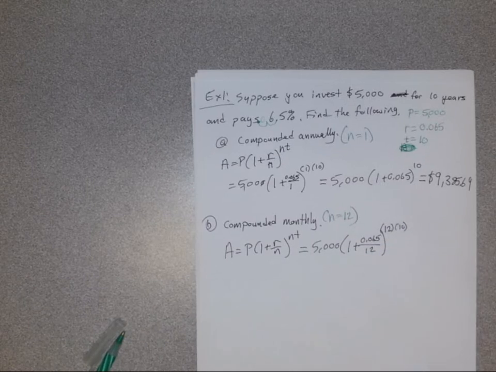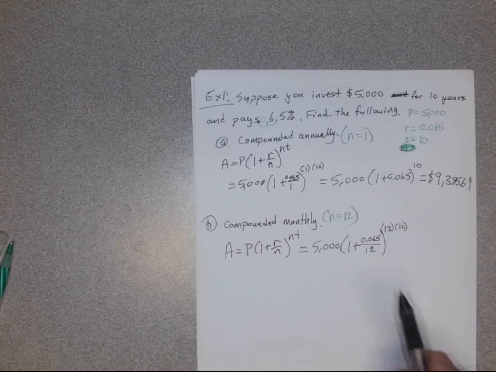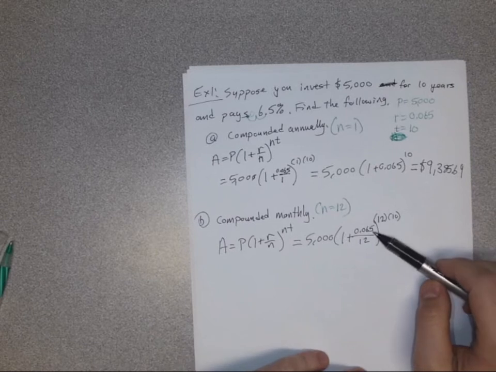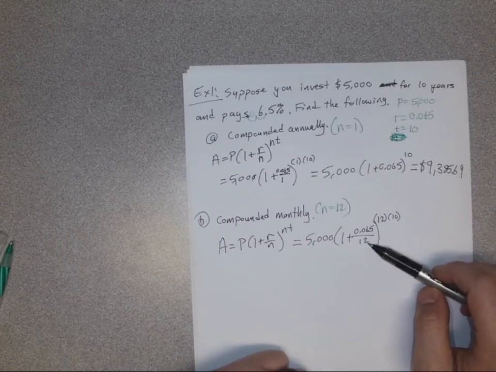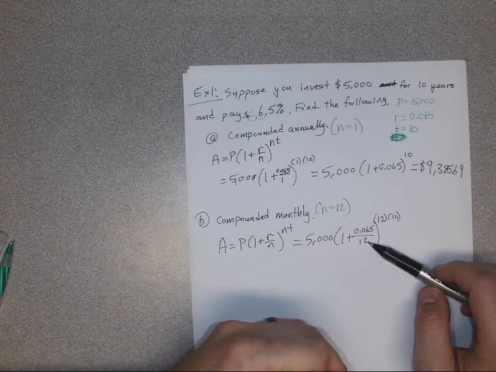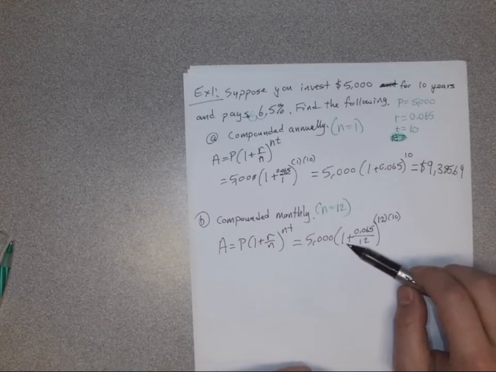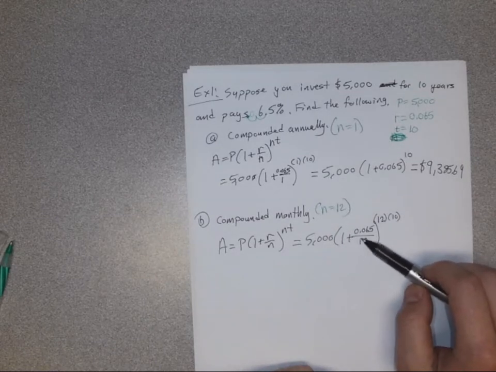Again, you need to get better at the calculator with this, so a lot of practice. To do this in the calculator, first take this 0.065 and divide it by 12. That gets you a number. Then you take that number and add 1 to it. So now you have a number inside of here.